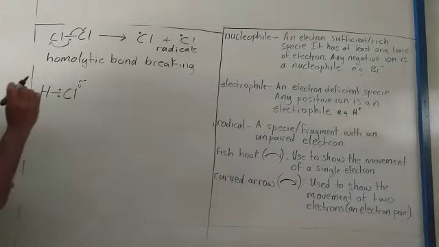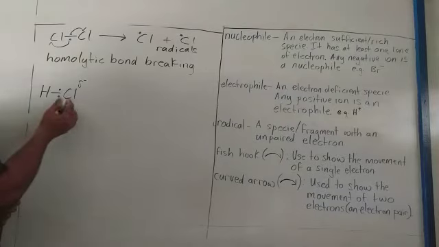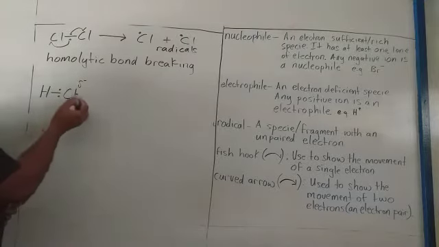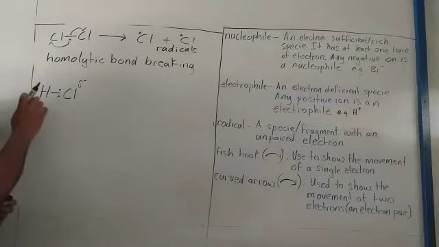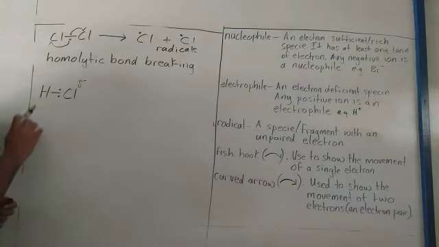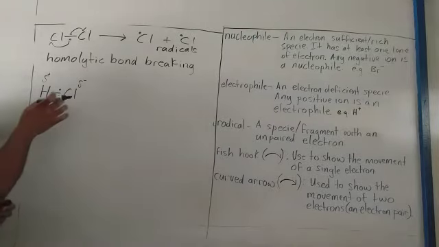Because the electrons from the bond are now closer, the electron density around chlorine has increased, so it will have a slightly negative charge. While hydrogen's electron density has decreased because the electrons have moved closer to chlorine, it will have a slightly positive charge.